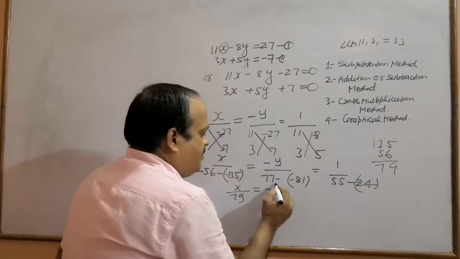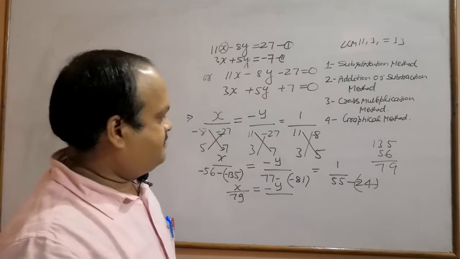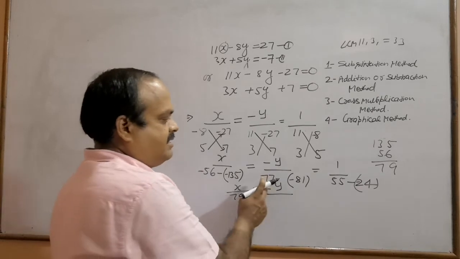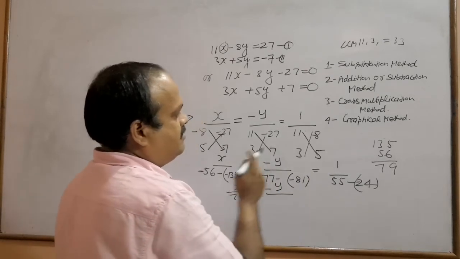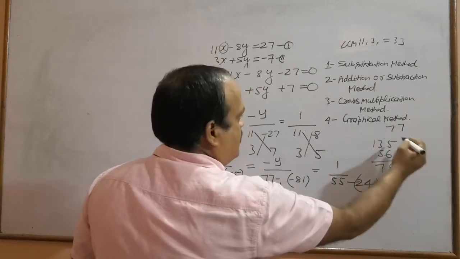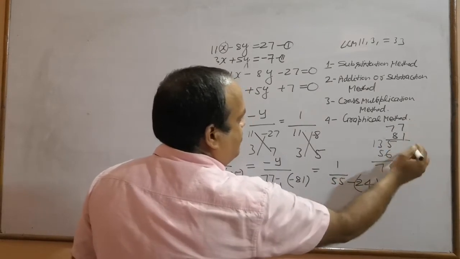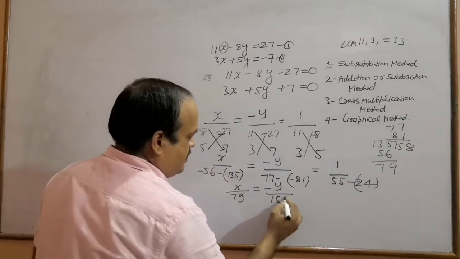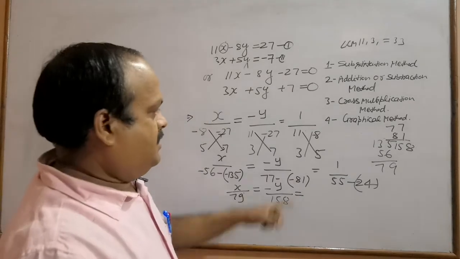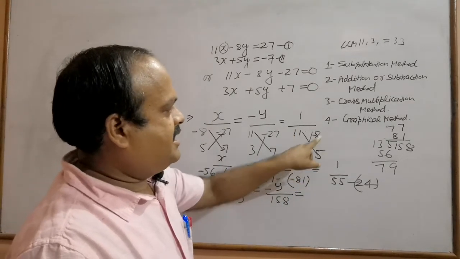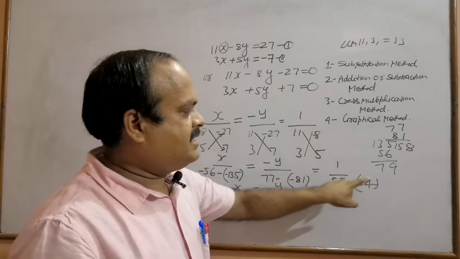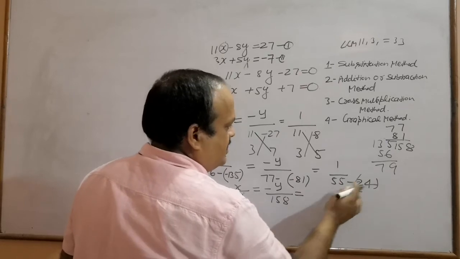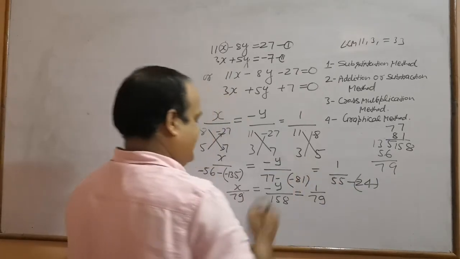Come here, minus y upon 77 plus 81, which is 158, equals, this will become 55, and 3 times 8 is 24, minus 24, so 55 plus 24 is 79.